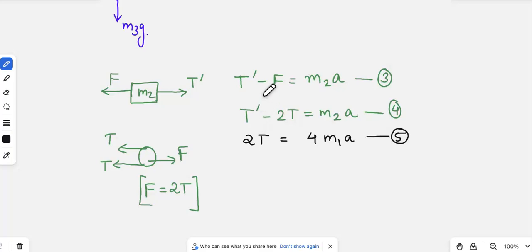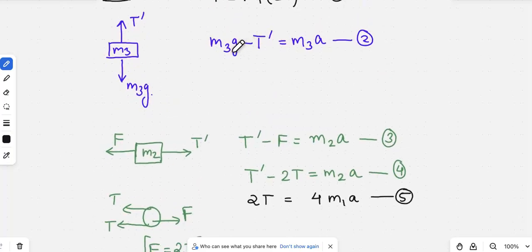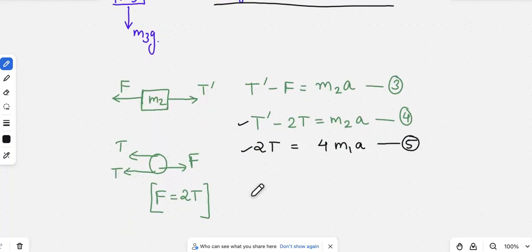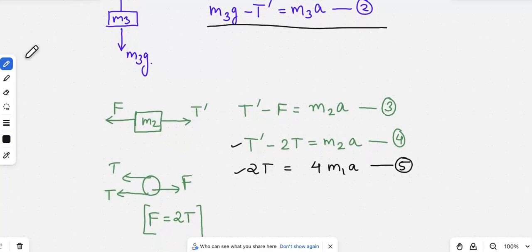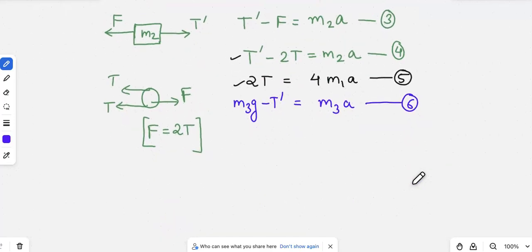Okay, now let's add these equations, the second one, third one, and the fifth one. If I add this, I will rewrite this m3g minus T dash equation first. Let me do that. m3g minus T dash is equal to m3a. Let's call it the sixth equation.